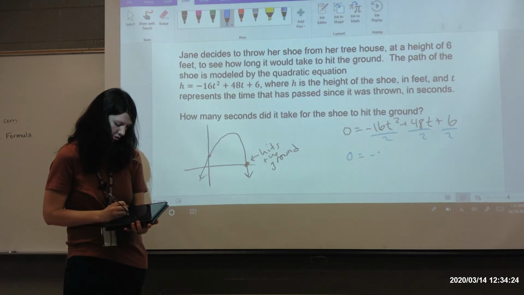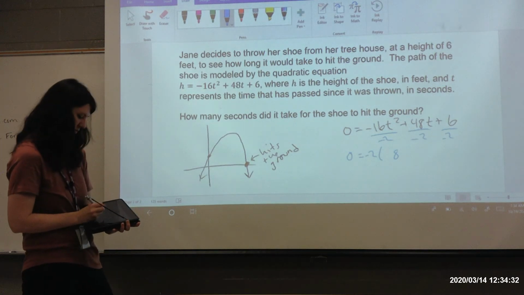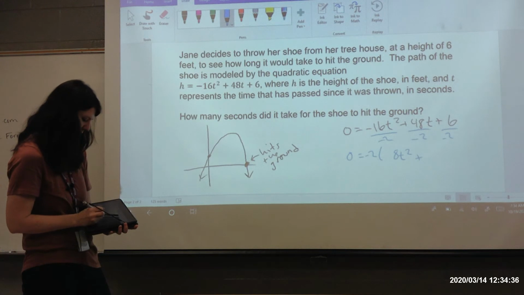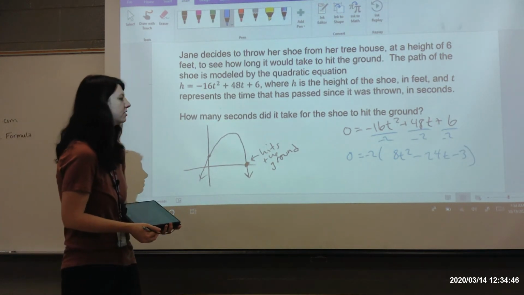So that's going to be 2 times negative 8. Oh, sorry, let's make that a negative 2, since our leading term is negative. Negative 2, so that's going to be 8t squared minus 24t minus 3. Okay, they don't have anything else in common.